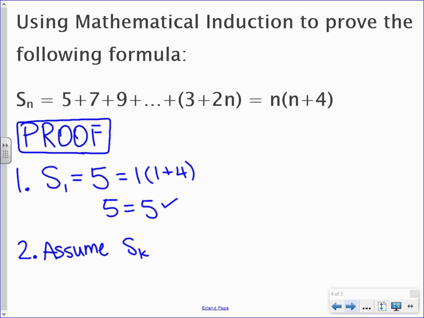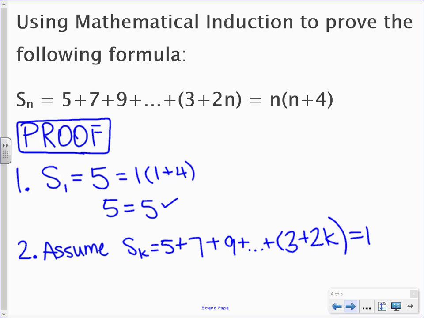So S of k is 5 plus 7 plus 9 plus blah, blah, blah, all the way until 3 plus 2k. And we're going to assume that that equals k times k plus 4. That's the only time you get to put the equal sign for our formula in our proof.